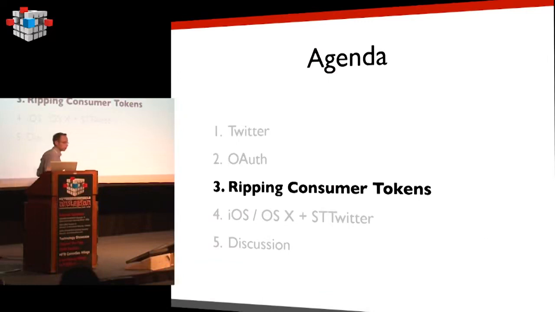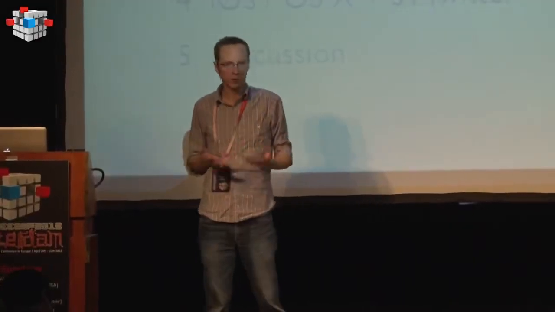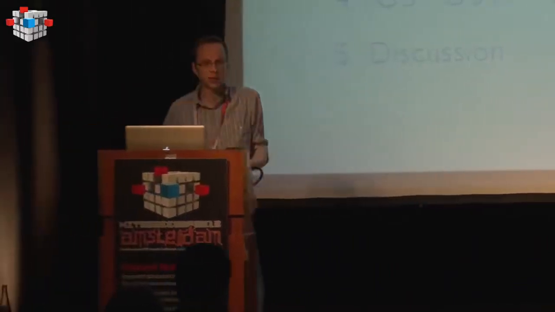So I would like to show you how it is to rip off consumer tokens from legitimate Twitter clients. In fact, maybe you're here because you're interested in Twitter, but I will show you techniques that you will be able to use in your own research, in your own projects, which are not necessarily related to Twitter. It's just because it's fun and nice and very effective techniques.